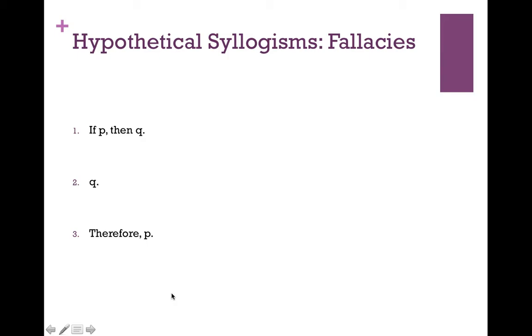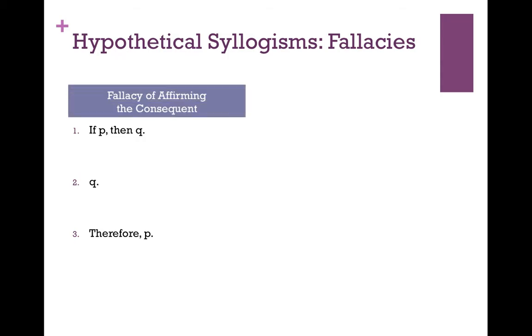And like I said, it has the following form, if P then Q, Q, therefore P. And this has a name. This is a kind of common way that people misreason, we might say. And this is called the fallacy of affirming the consequent. And you can see why it's called that, because what are you doing?